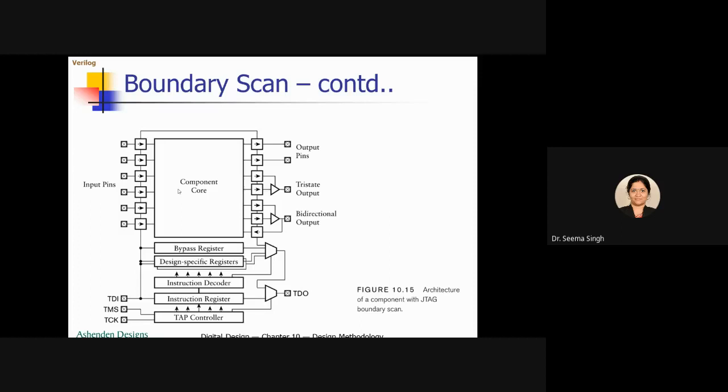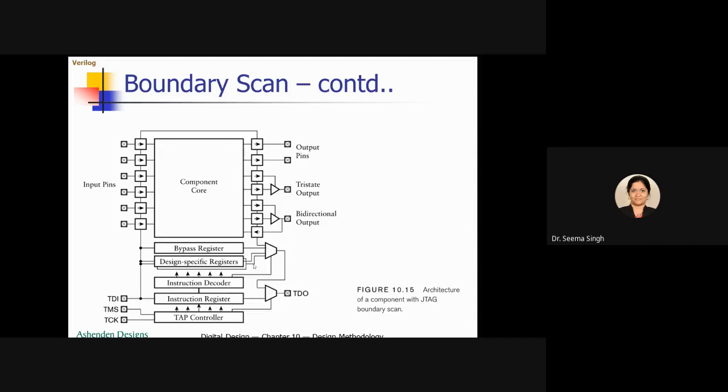Next, this component will be working, and all the output pins or bidirectional outputs will come here, and this output will come to this mux, which is also controlled through this instruction decoder, as the select line is connected here.